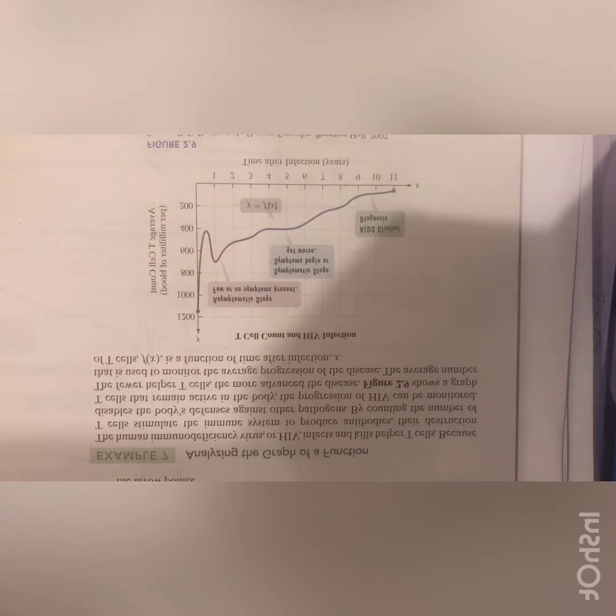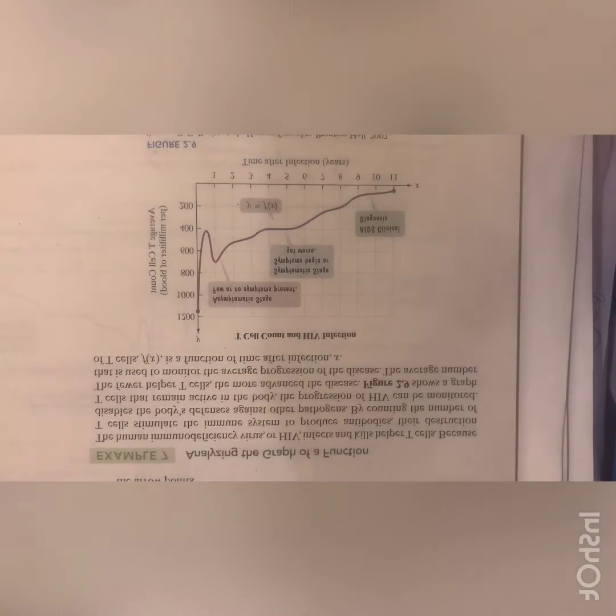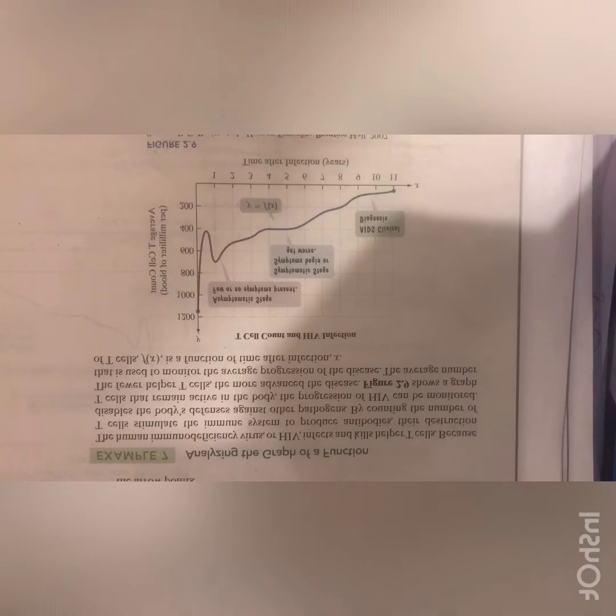And we talked about analyzing a graph of a function. And it says the human immunodeficiency virus, or HIV, infects and kills helper T cells because T cells stimulate the immune system to produce antibodies. Their destruction disables the body's defenses against other pathogens.